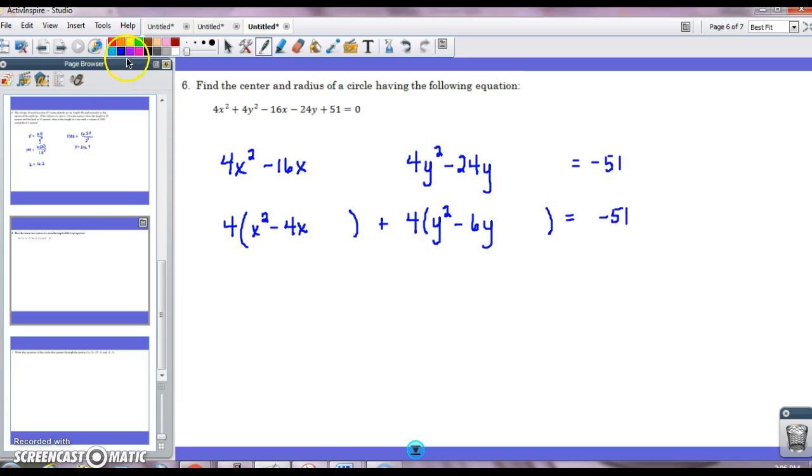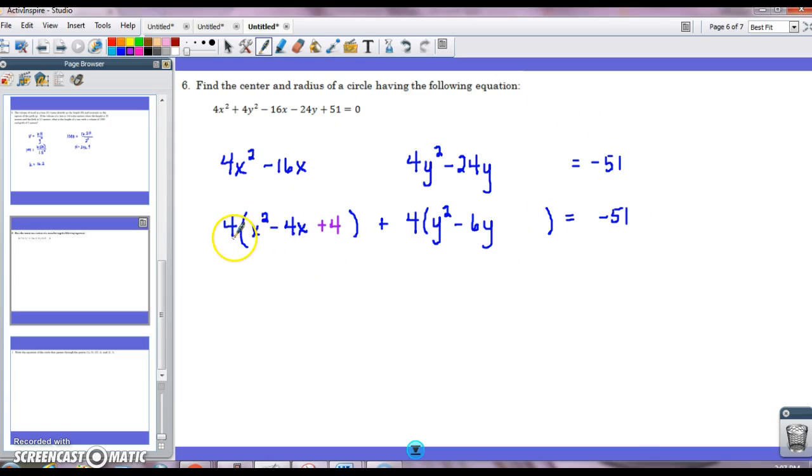So now I have to complete the square. So I take half of 4 and square that. So half of 4 is 2. When I square that it is 4. That gives me a 4 here. Remember, I also have to add to the other side of the equation. Whatever I add to this side, I have to add to this side.